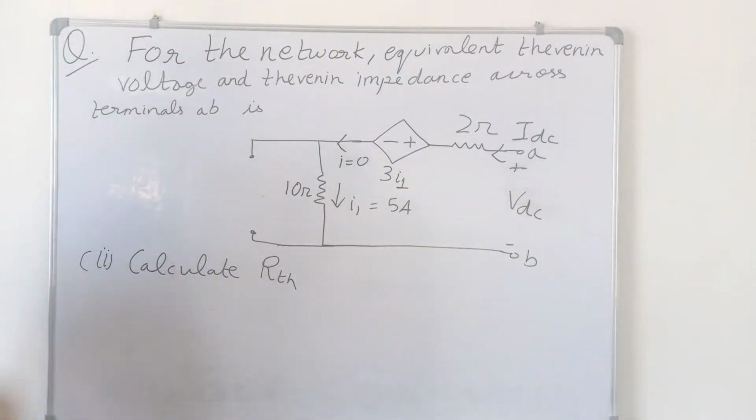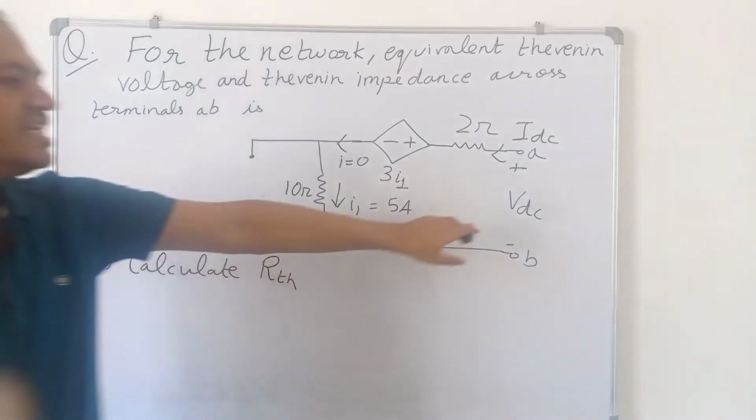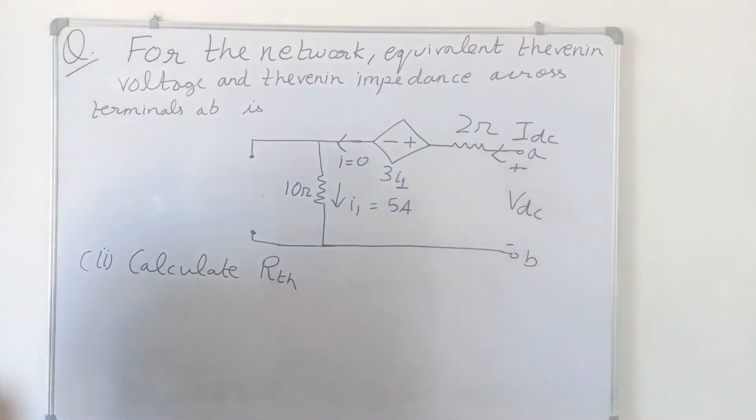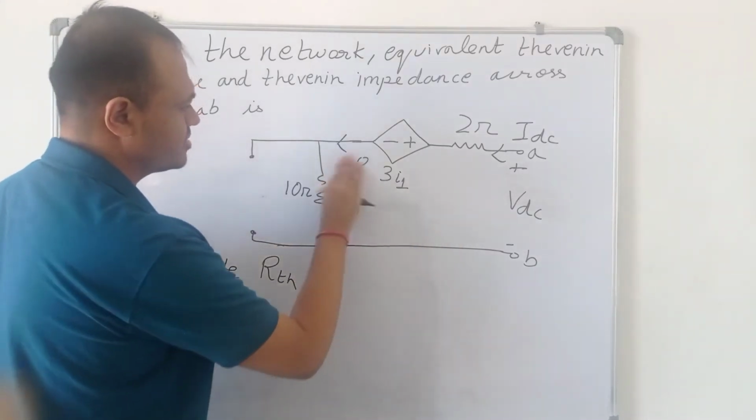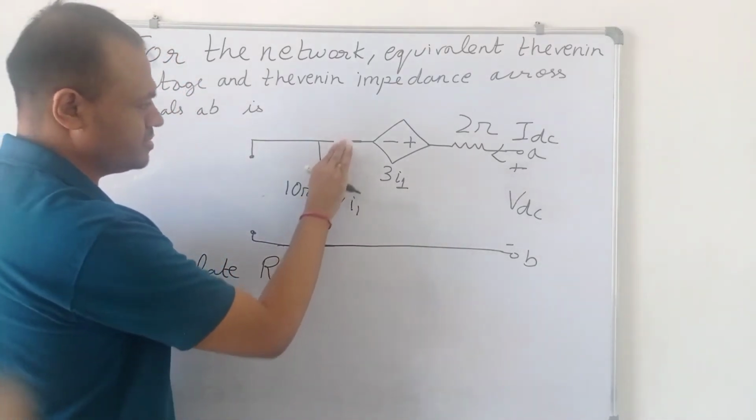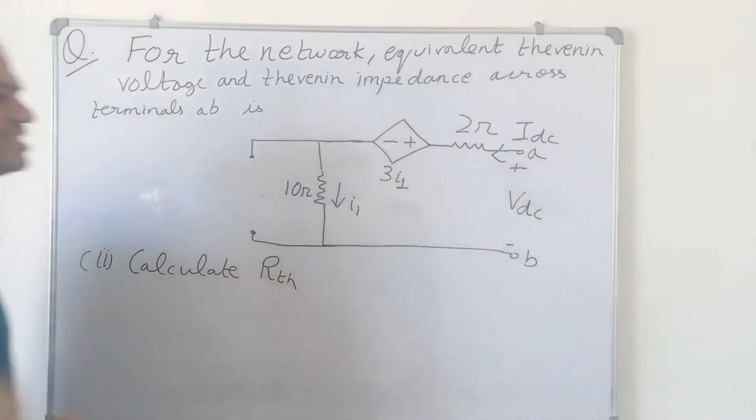So we removed the current source and applied a DC voltage here and assumed that a DC current is flowing like this. Now this is the figure.